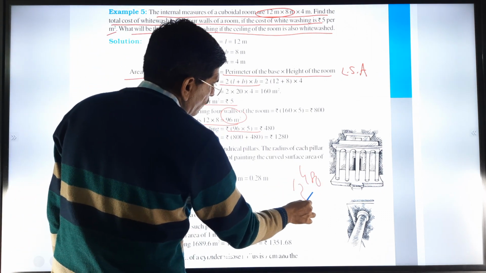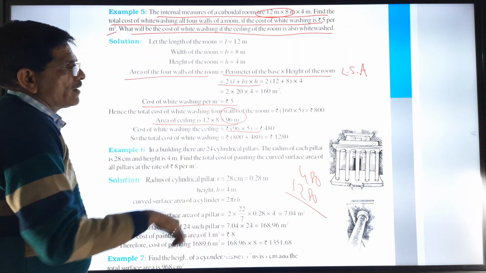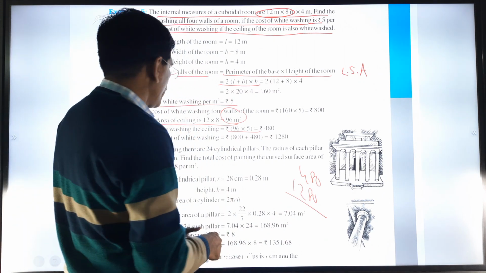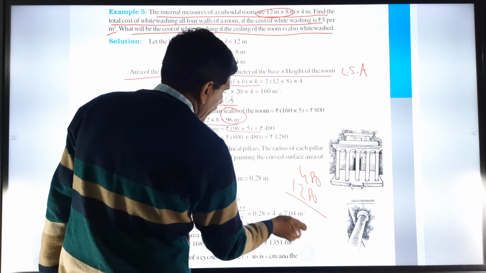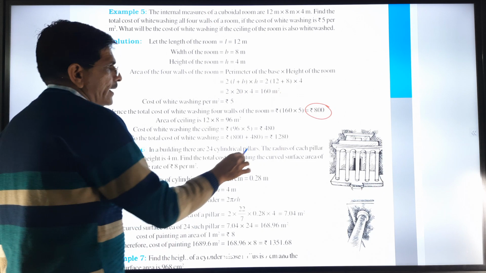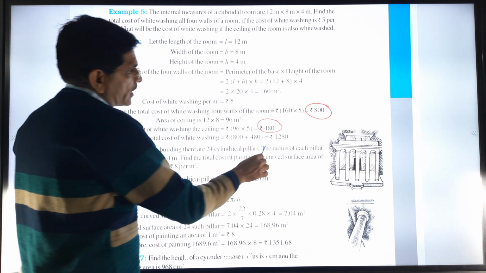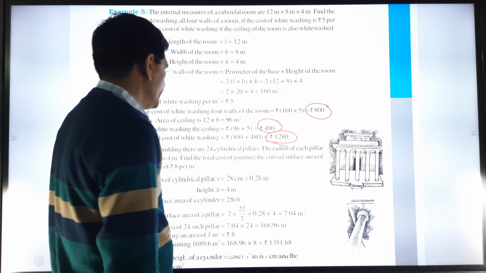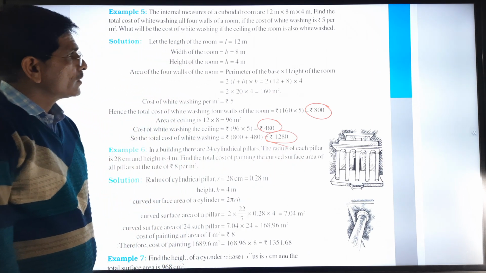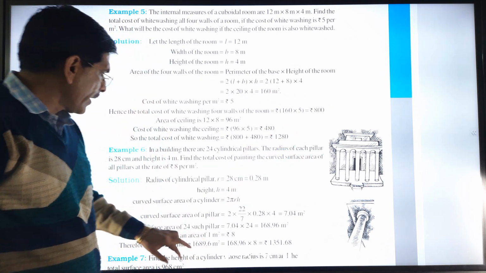Sorry, area of 4 wall costing is 800, area of ceiling cost is 480, so total costing is 1280. So that is related with the sum of cube and cuboid.